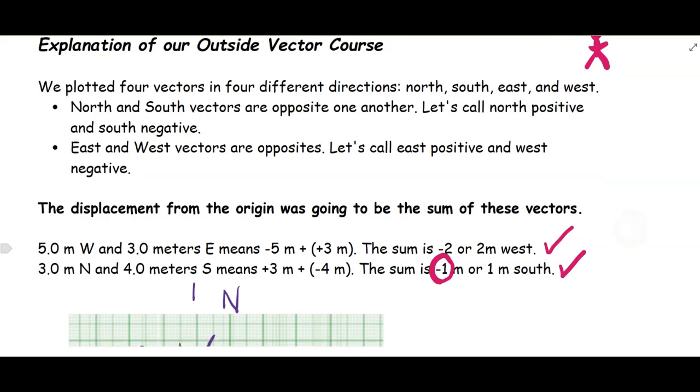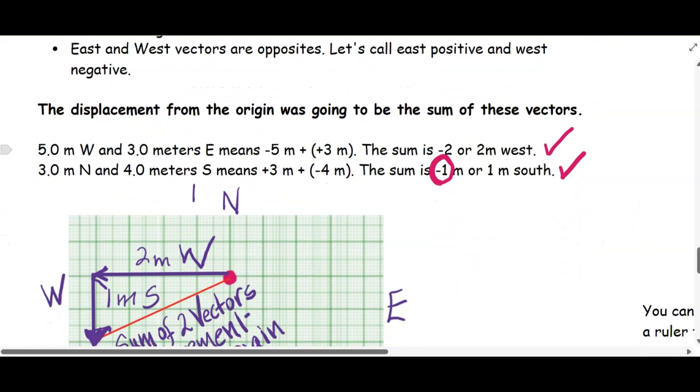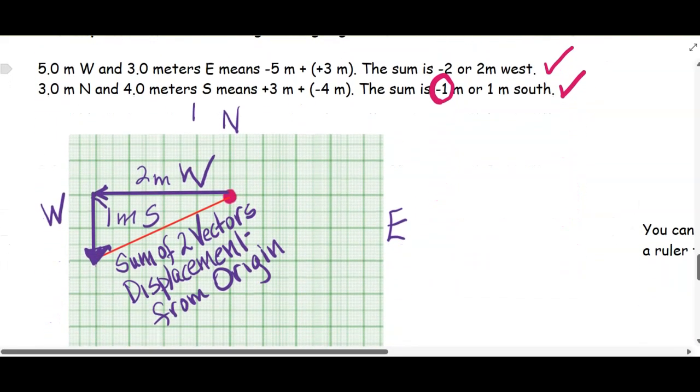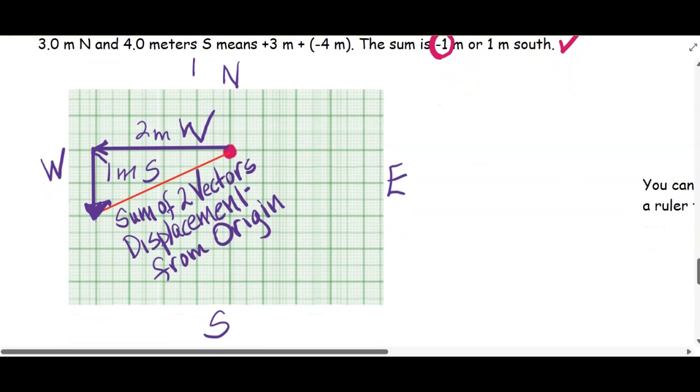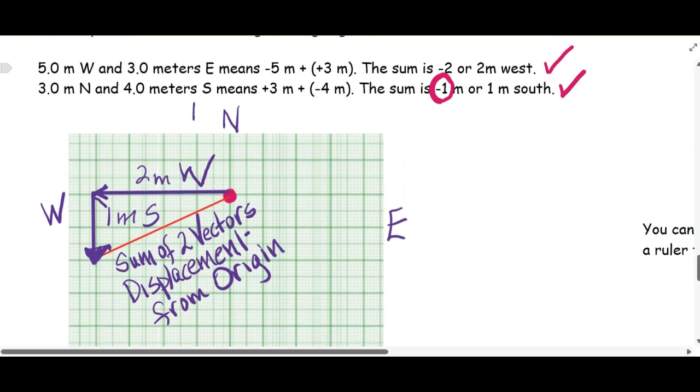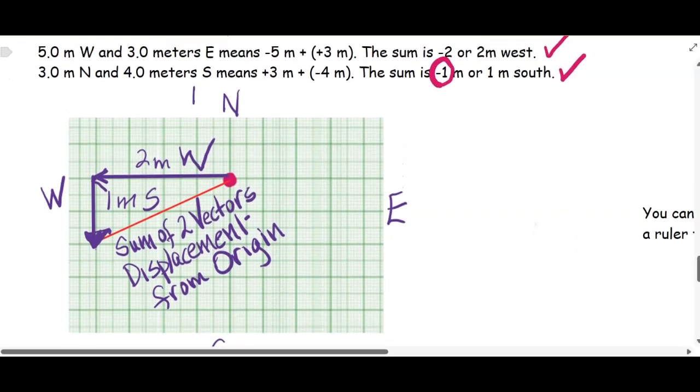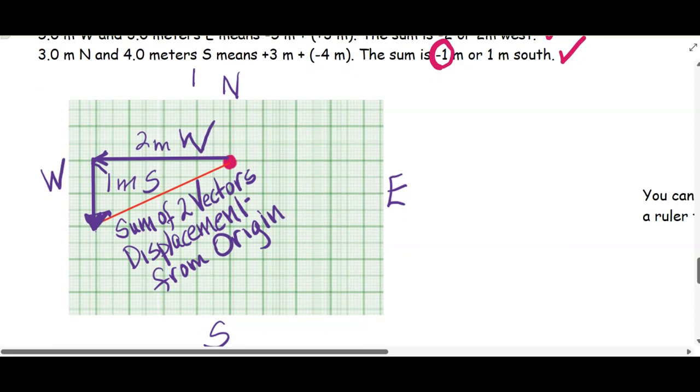So that's how science deals with directions that are opposites, by giving them plus signs and negative signs. So here is the picture of these plotted. So I took the sum and I plotted 2 meters west with 1 meter south, and that should be the same sum that we got.